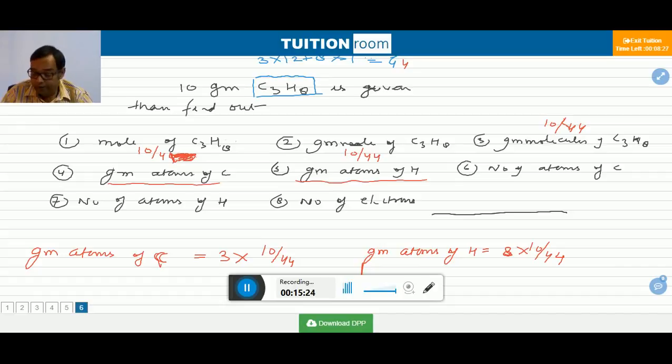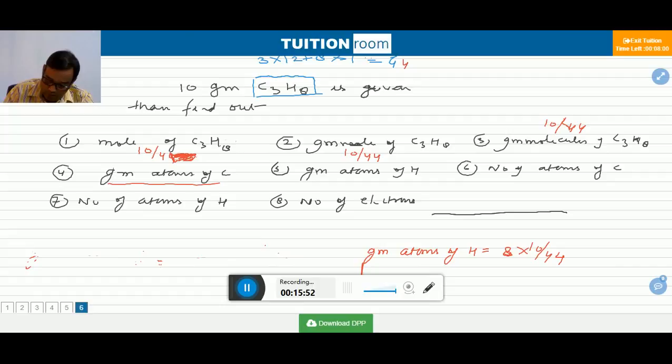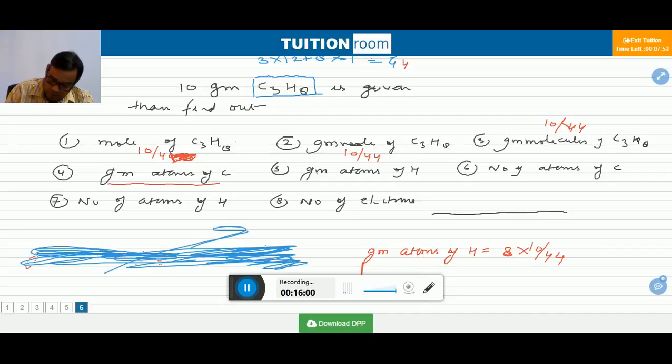Now you have to evaluate number of atoms of carbon. How many carbon atoms are there? Now sixth part.